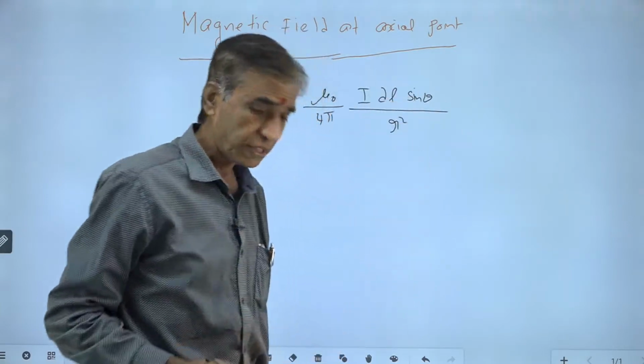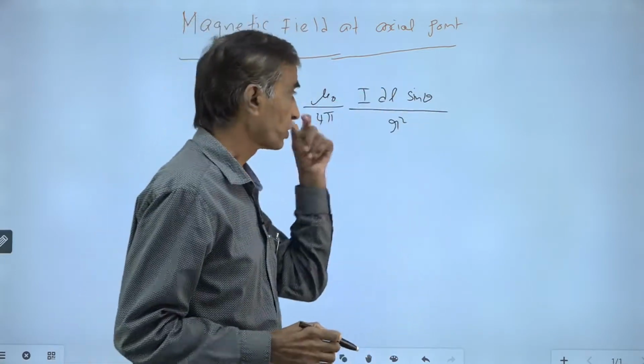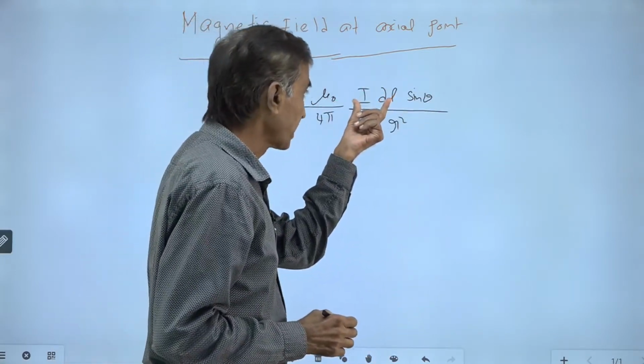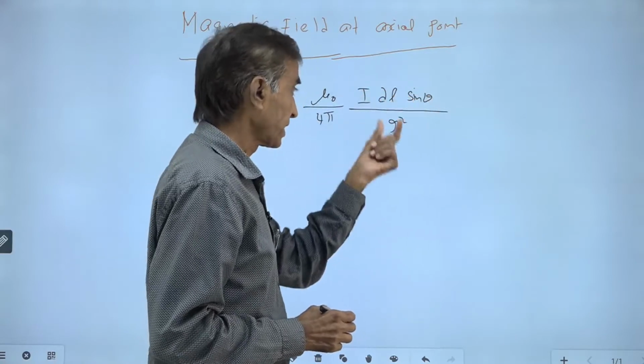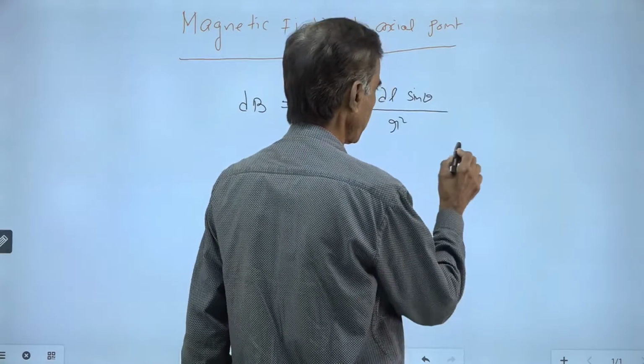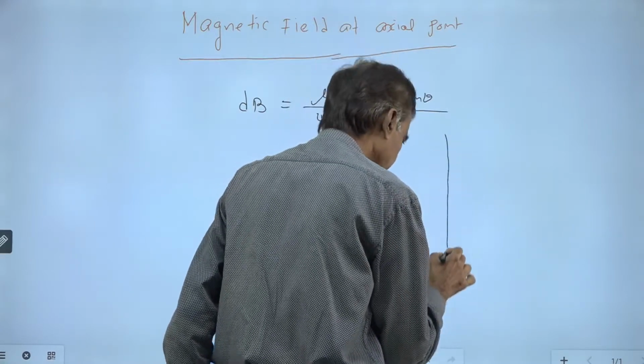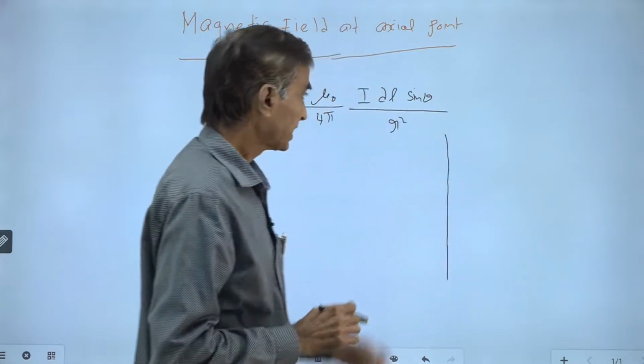Right. So what is the meaning of all these elements? See, we have 2 quantities here, I dl sin theta and r. Suppose it is a straight conductor, for example, you take a straight conductor. When we take a straight conductor, what is this r?